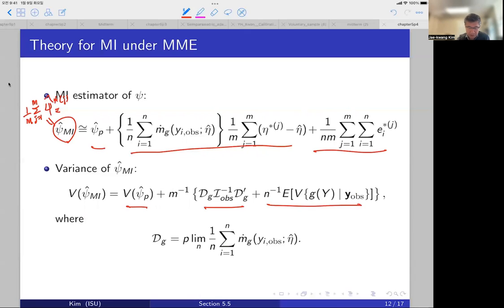Also remember the second term is actually equal to the expectation of B_M. Remember why?